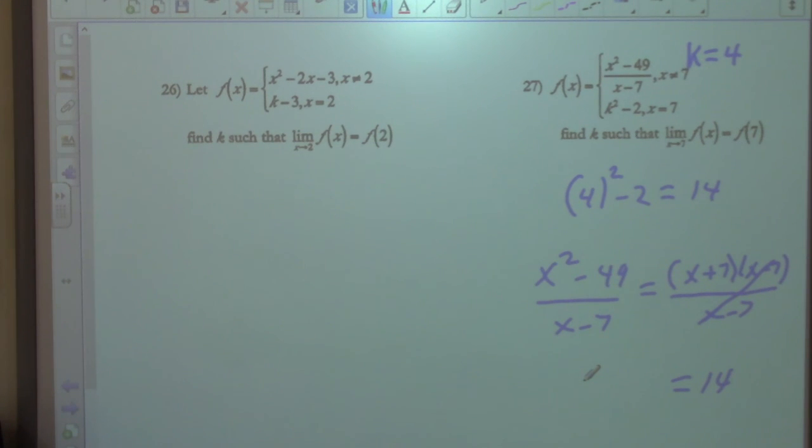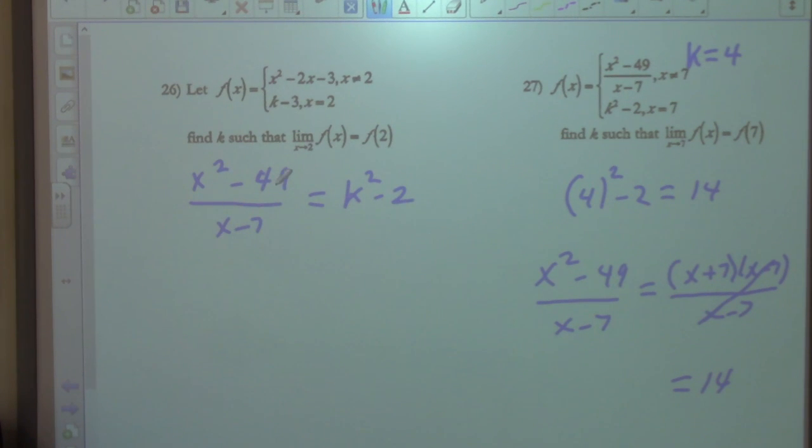Yeah, let me show you. And I think Kaylee's answer is right, but it's an incomplete answer. So let's work it out. We set each side equal to each other. So this is the check, and this did check out. So we have x squared minus 49 over x minus 7 is equal to k squared minus 2.